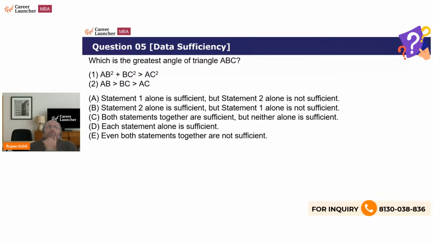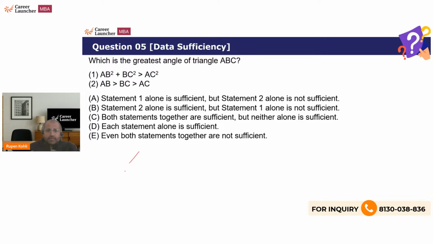This kind of condition is suitable when we are analyzing whether the triangle is acute angled or obtuse angled. So we know that if the sum of the squares of two sides is more than the square of the third side, then at least we can say that AC square is less than AB square plus BC square.